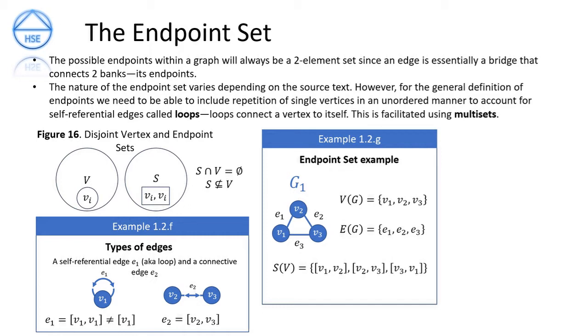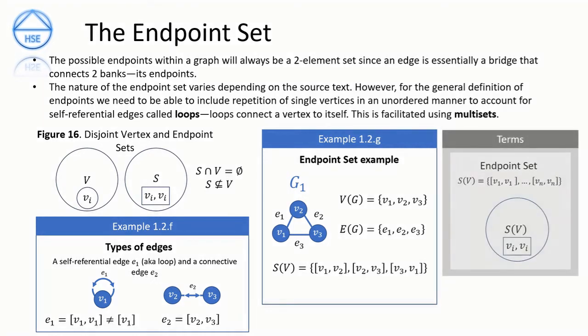The graph has 3 vertices and 3 edges, where each edge maps an element Ei from the edge set to a 2-element endpoint multiset. In this example, you can see that edge E1 connects the vertices V1 and V2, which is the first term in the endpoint set S below. The endpoint set term is shown to the right in the grey term tile.